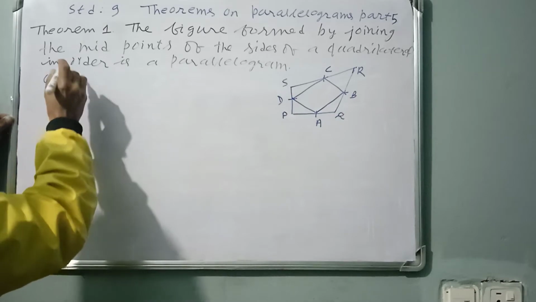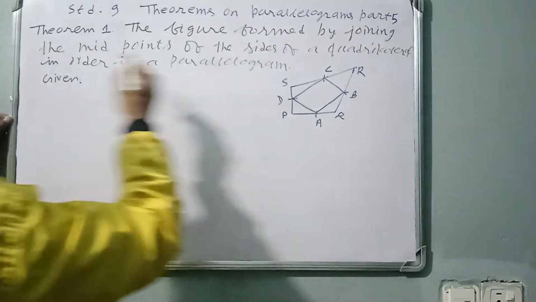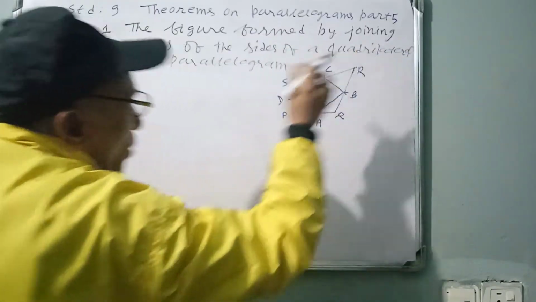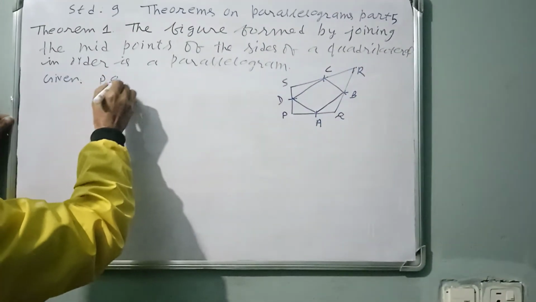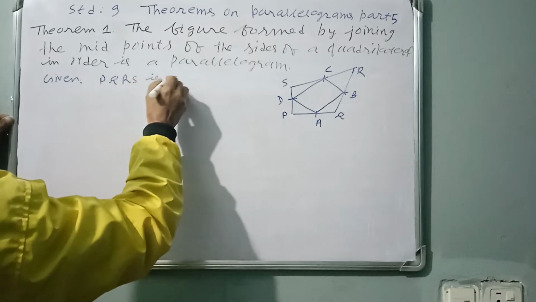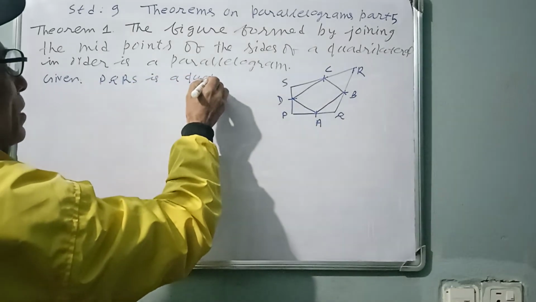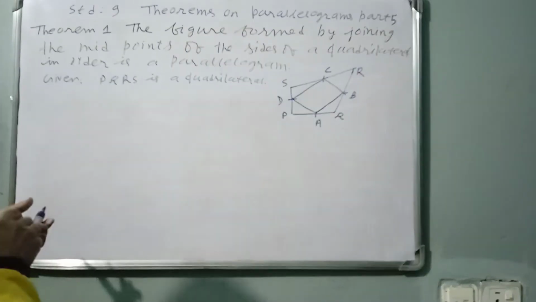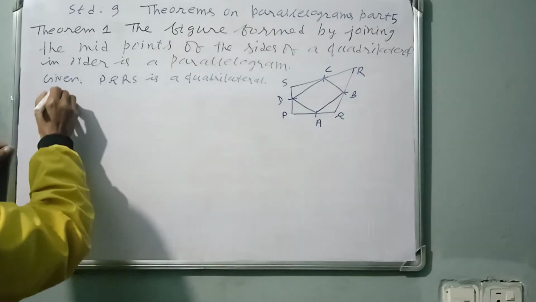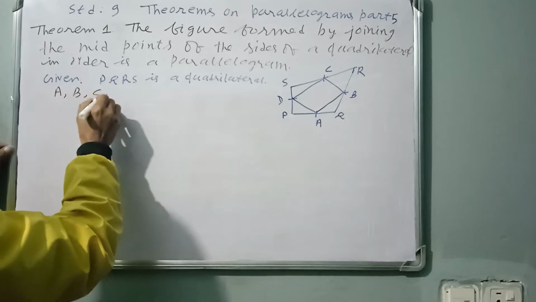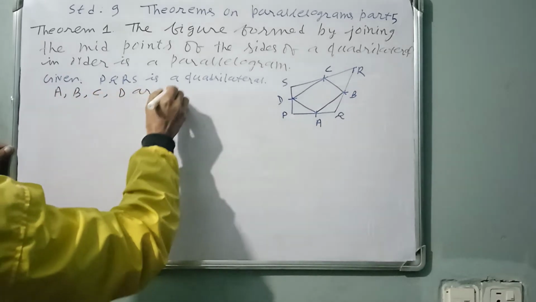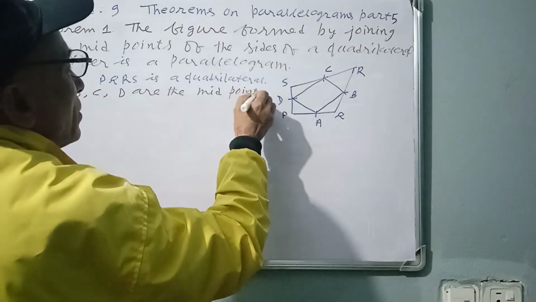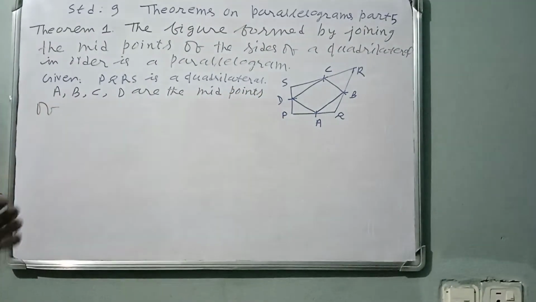See, what is the given condition? Given condition, the figure formed by joining the midpoints of the sides of a quadrilateral means PQRS is a quadrilateral. This is a quadrilateral. What are the midpoints? A, B, C, D are the midpoints of what?